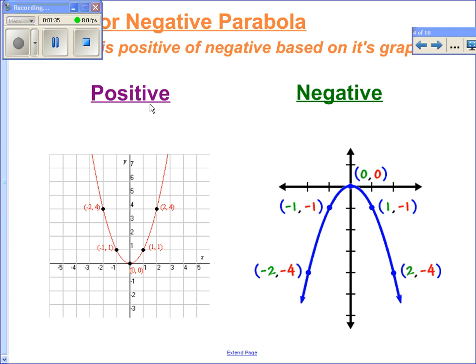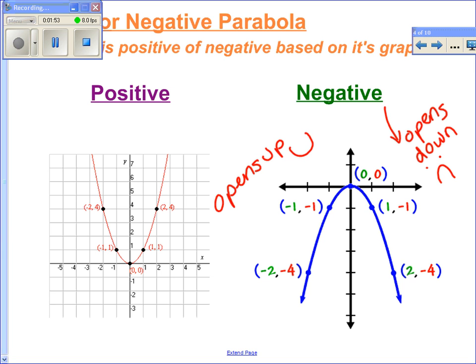It makes a U or a smiley face. So I can just say opens up versus a negative opens down. And I just think of this kind of as a frown versus a smiley face.